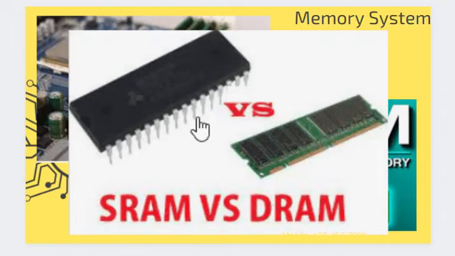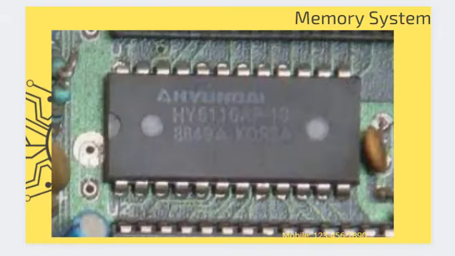Now there are also two types of RAM, and these are static RAM and dynamic RAM. The example that you can see here is a static RAM or SRAM. The word static indicates that the memory retains its contents as long as power remains applied.